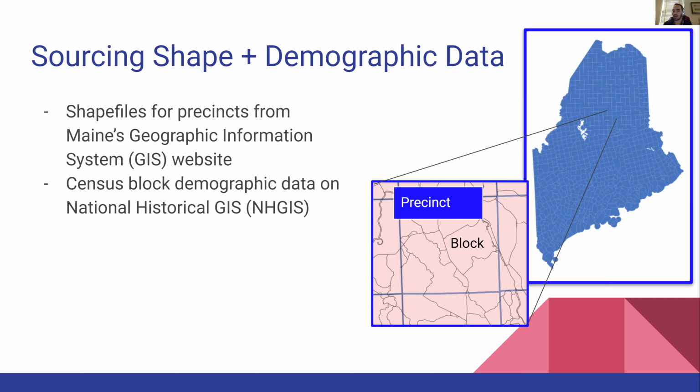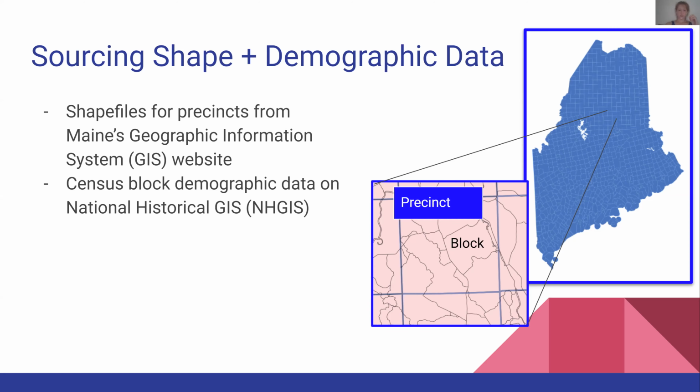But since we're talking about joining data, I want to emphasize, and you can see on the figure, that the census blocks, which is where demographic data comes from, don't always align perfectly with these precincts, with these towns. And so joining that data might not be quite so straightforward as it was with other states.